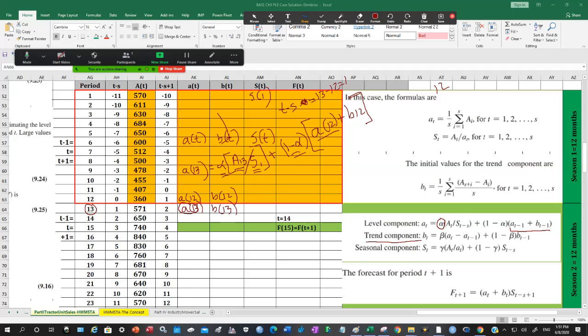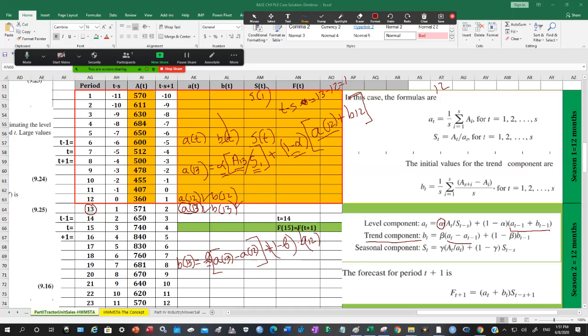B of 13 equals beta, which we know, times this part right here, which is A of 13 minus A of 12. We know both of them: A of 13 is right here, A of 12 is right here. And beta we know once again. And then plus 1 minus beta times B of 12. So we know everything, so we can find B of 13.